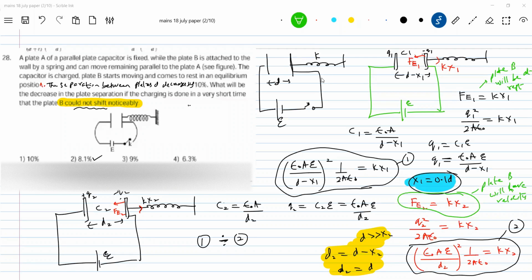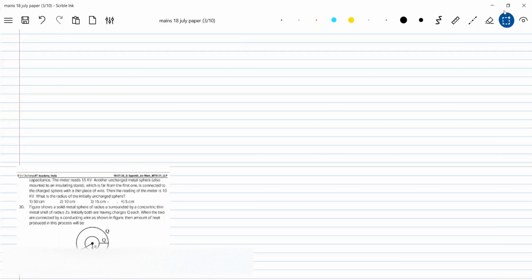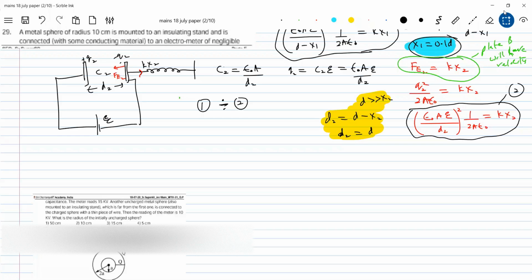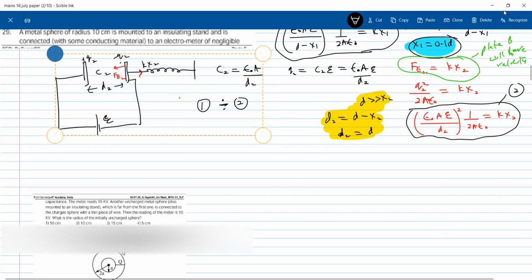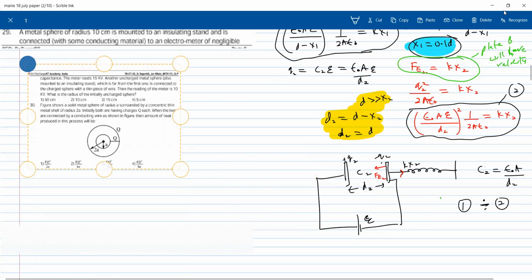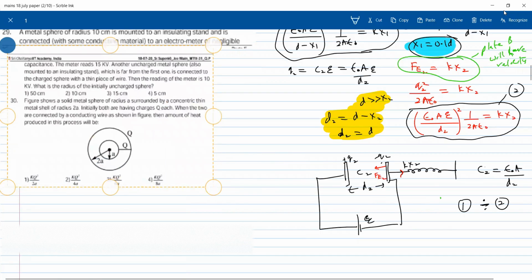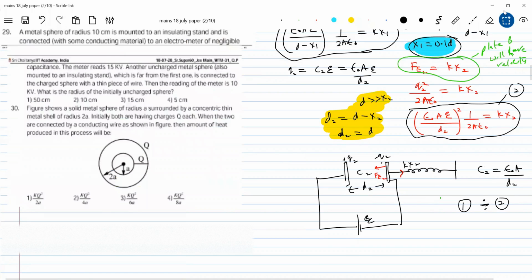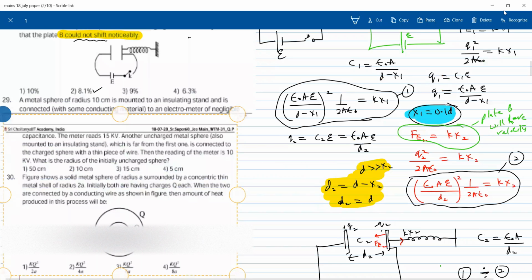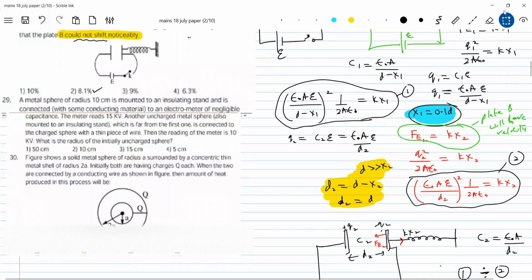Okay, now everyone is asking 29 again. A metal sphere of radius is mounted on its side and is connected with an altimeter of negligible capacitance.